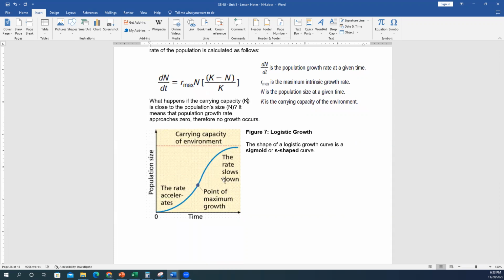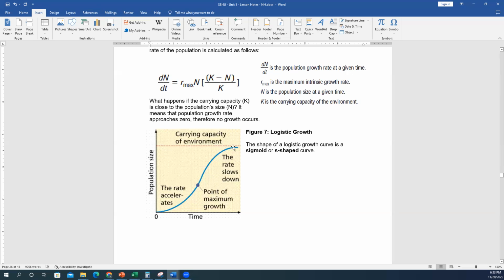It's that typical sigmoid shape, this S-shaped curve, where initially the growth rate accelerates until it reaches a point of maximum growth, and then the growth rate slows down.